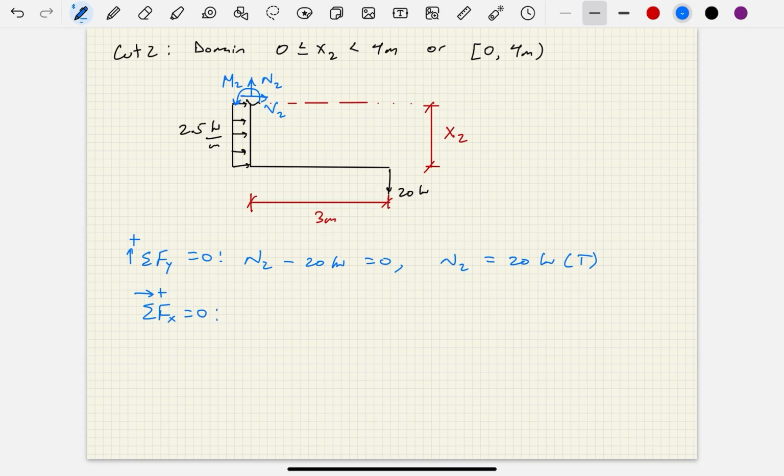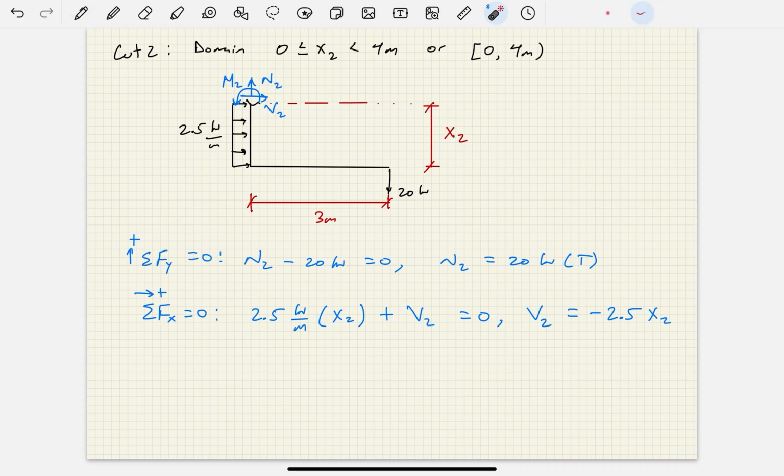Okay, next we're going to do the sum of the forces in the x direction equals 0. And so here we're going to say 2.5 kilonewtons per meter times x2. And then do we have anything else in the x direction? Sure, we've got this shear force. So we're going to say plus V2 equals 0. We can do some rearranging, and we'll get V2 is equal to negative 2.5 x2.